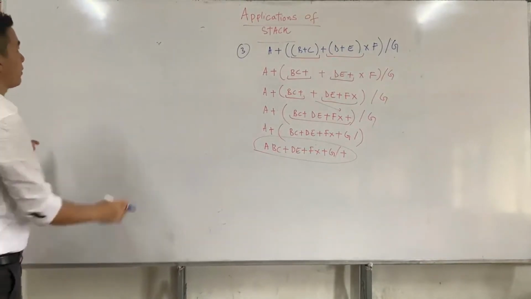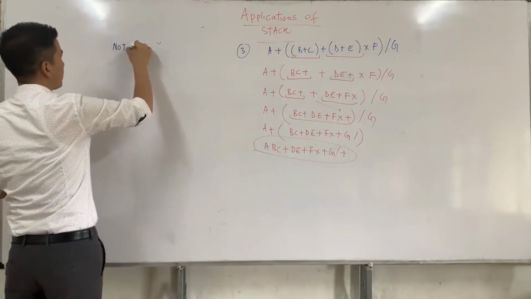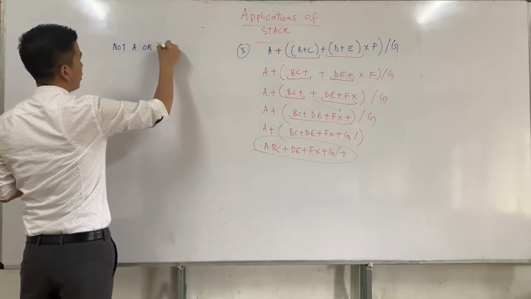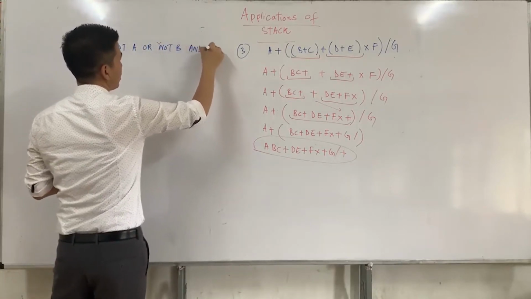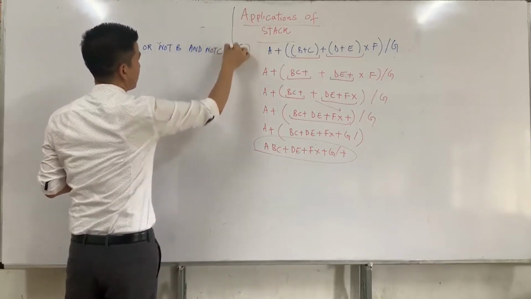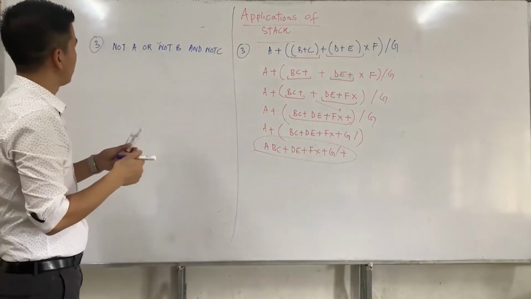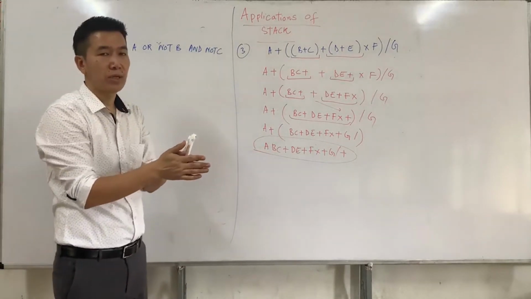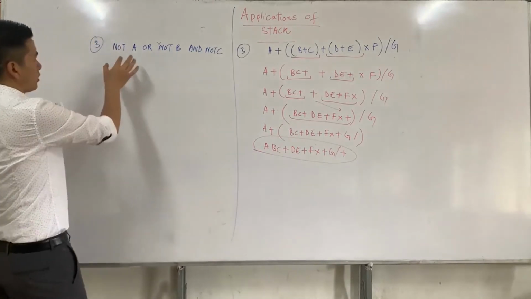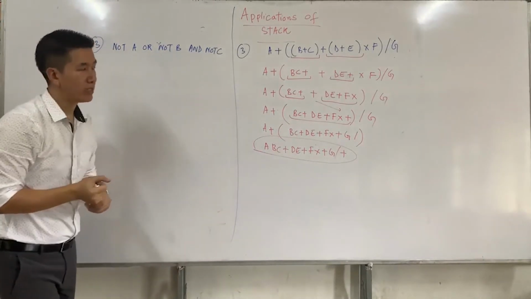We'll take another example of not A or not B and not C. Okay, this will be the third example. Now this time, unlike the earlier examples, not, or, and are the operators.